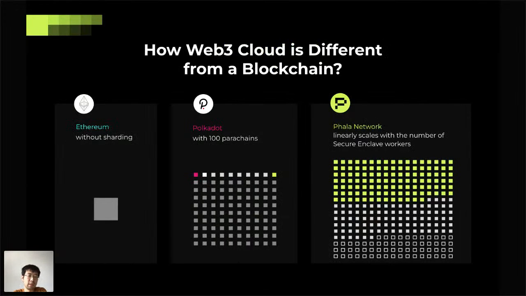So with this, Phala has achieved some great advantages over existing blockchains, especially on the computing power scale. For example, on Ethereum, since all the workers are based on normal trivial hardware, the correctness of the execution result cannot be promised.